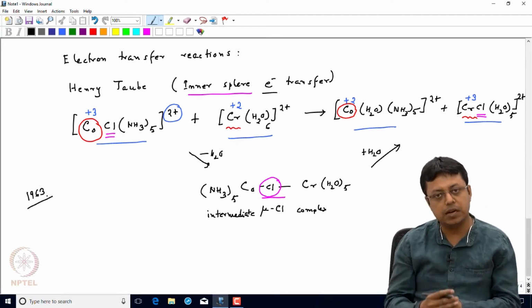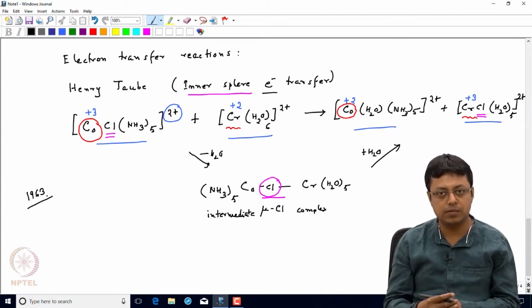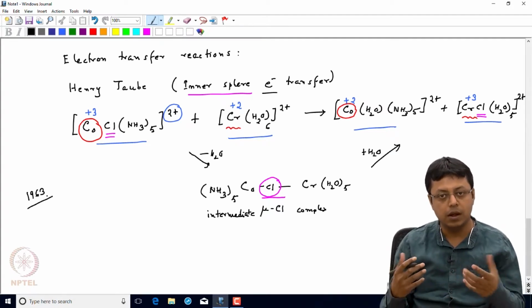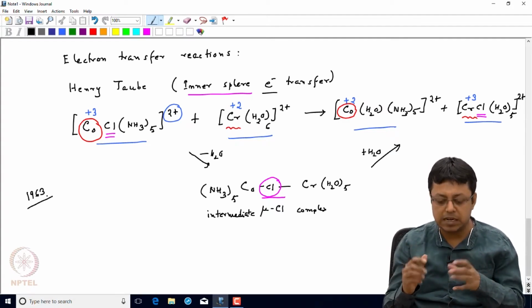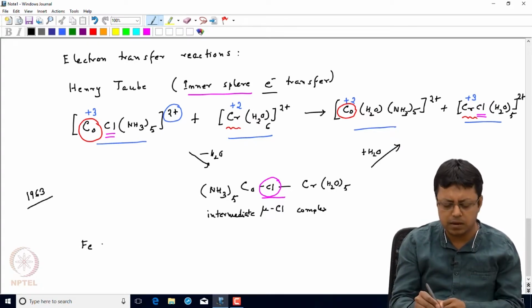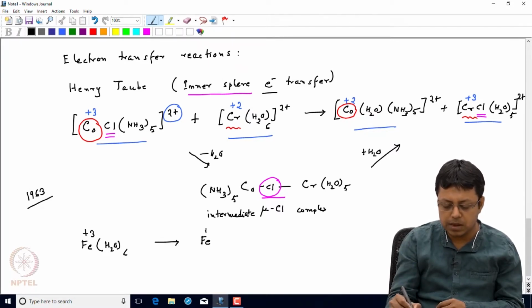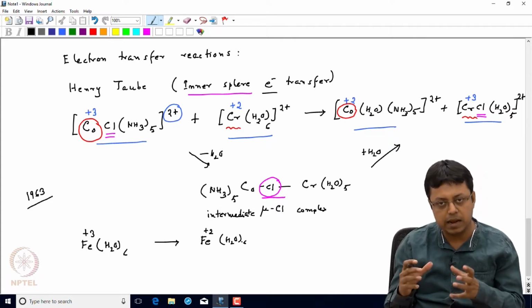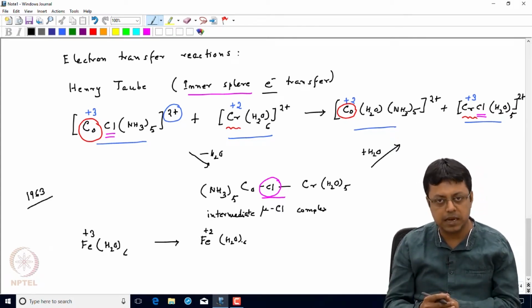Since we talked about the inner sphere electron transfer, there should be something known as outer sphere, where the inner sphere is kept intact. Let us just take a very simple example, like this iron oxidation or reduction. Iron from +3 oxidation state gets reduced to iron +2 oxidation state, and as you can see the ligands of the inner sphere are still intact.